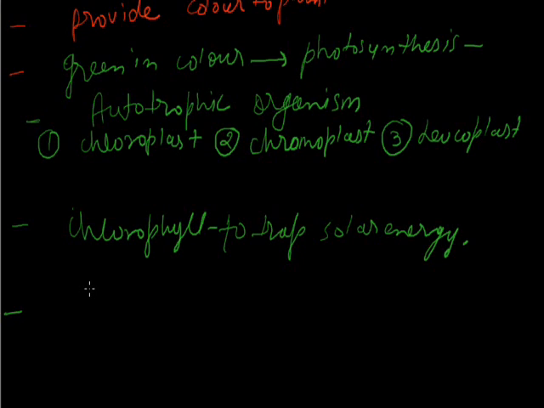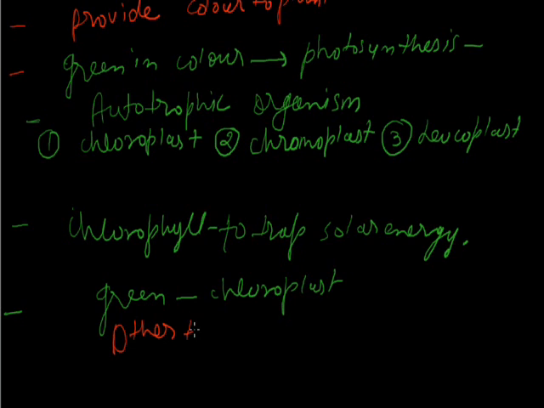Right now we are not dealing with the structure of chloroplast, because we have already discussed it in the topic of nutrition in plants. Right now we are just dealing with the basics of the plastid. Chloroplast provides green color. Chromoplast provides red color, or I can say colors other than green.